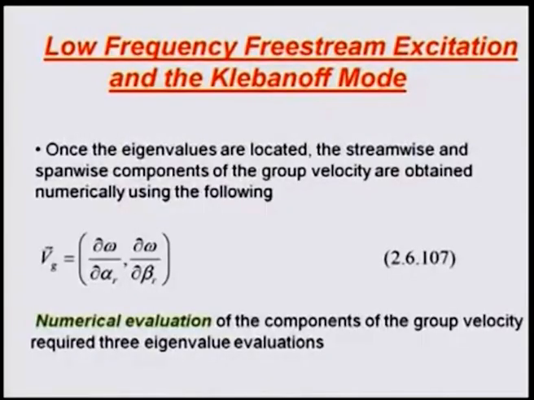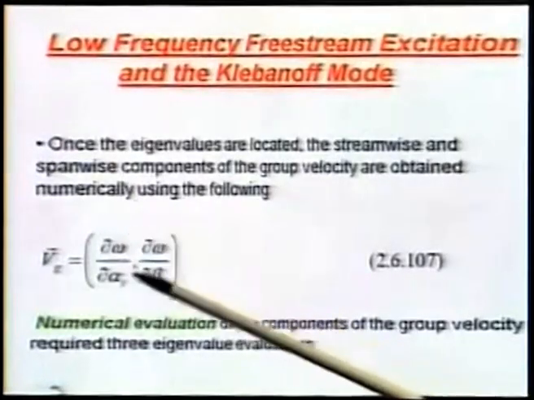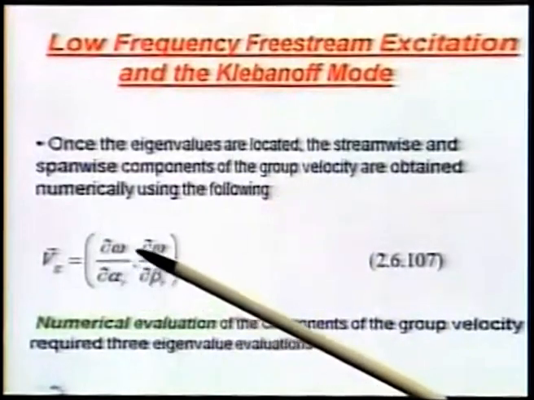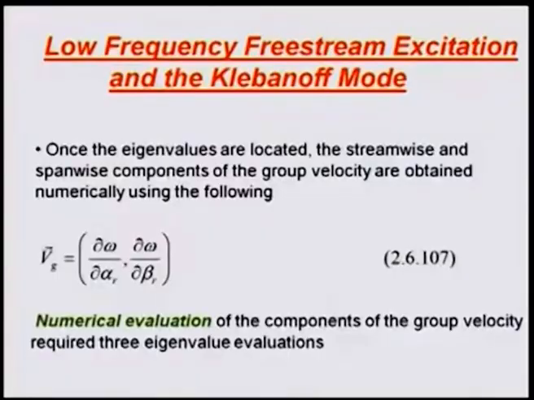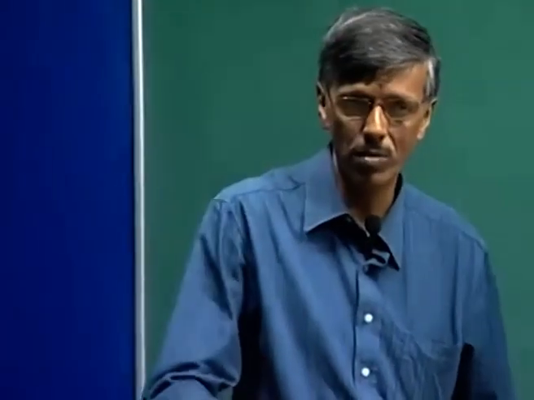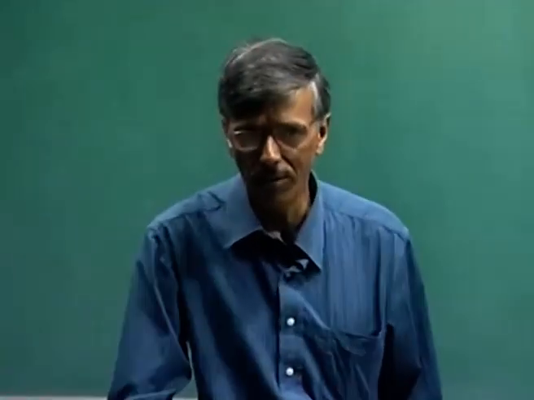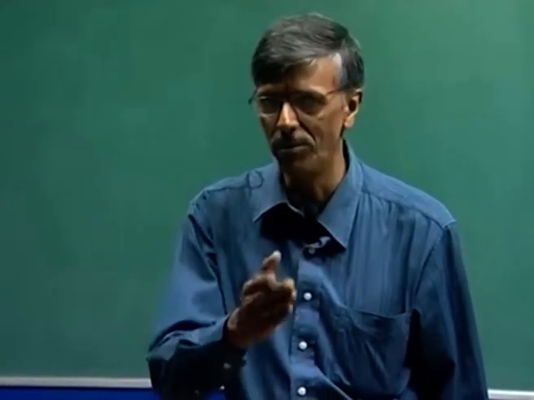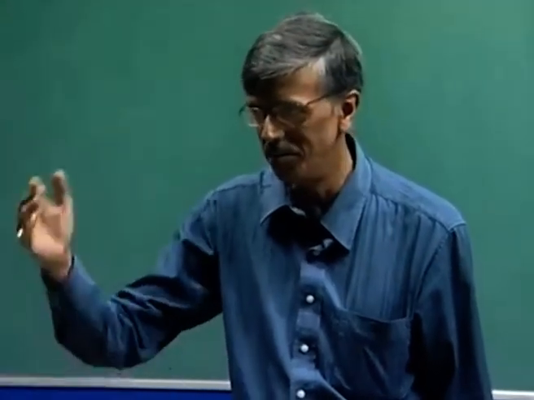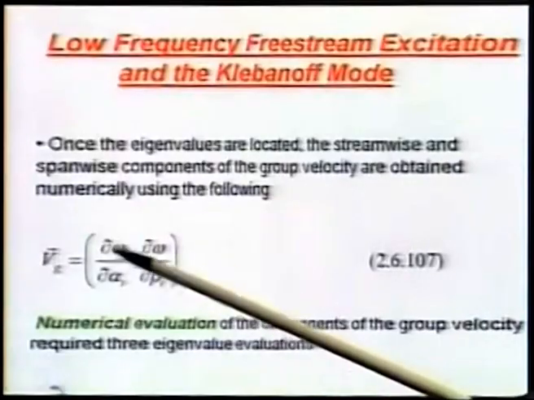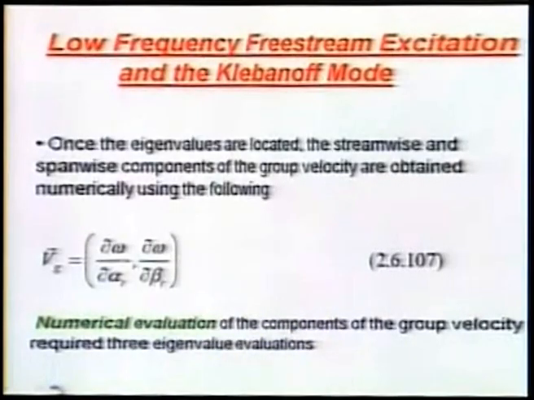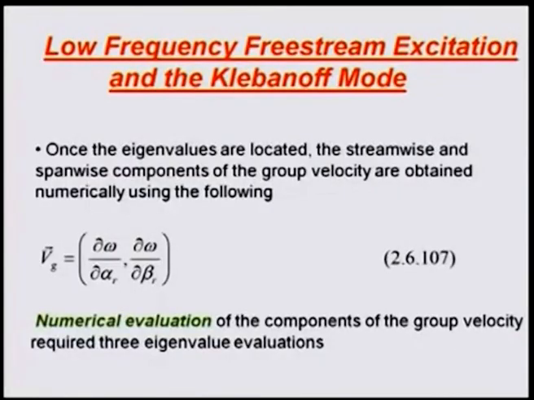I could change omega naught to omega naught plus d omega. So, the numerator I can get, and I can correspondingly find out what is happening to my delta alpha r and delta beta r. Delta alpha r would come from your eigenvalue evaluation. What about delta beta r? Well, we have those discrete values of beta: beta naught, 2 beta naught, 3 beta naught. So, that is your delta beta. So, we can numerically evaluate this Vg.